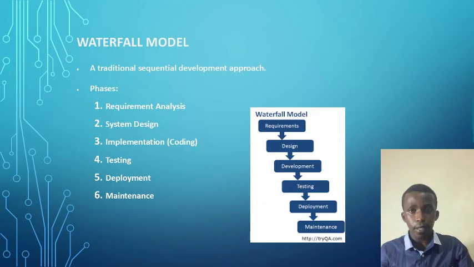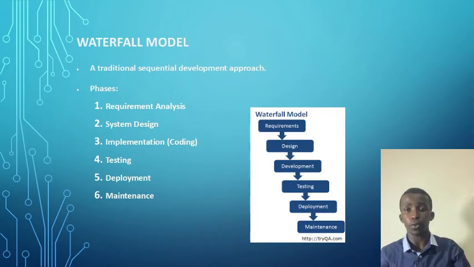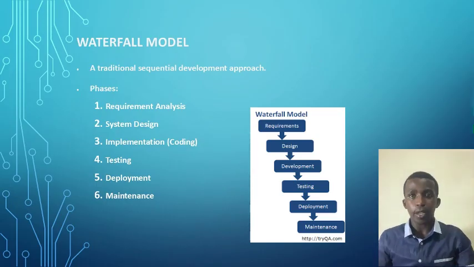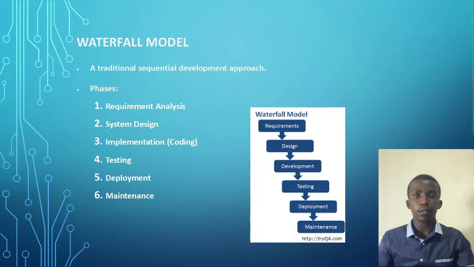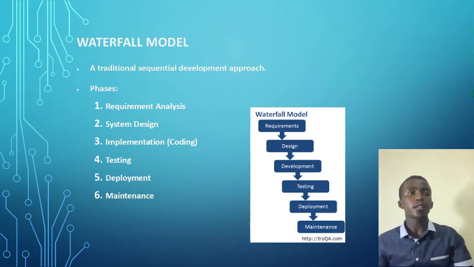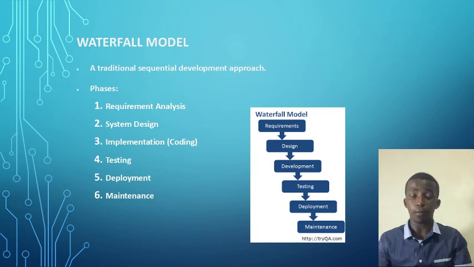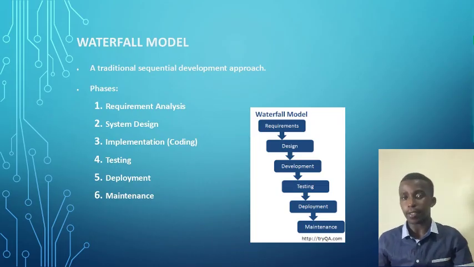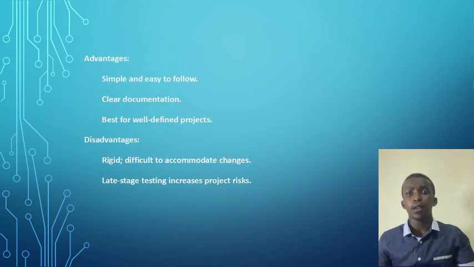Then after that stage we can do deployment, and this is where the project is given out to users for use. After that we go for maintenance: bug fixes, updates, and enhancements based on user feedback, how the users are feeling about the software. If issues arise, then we go for maintenance and fixing such issues.